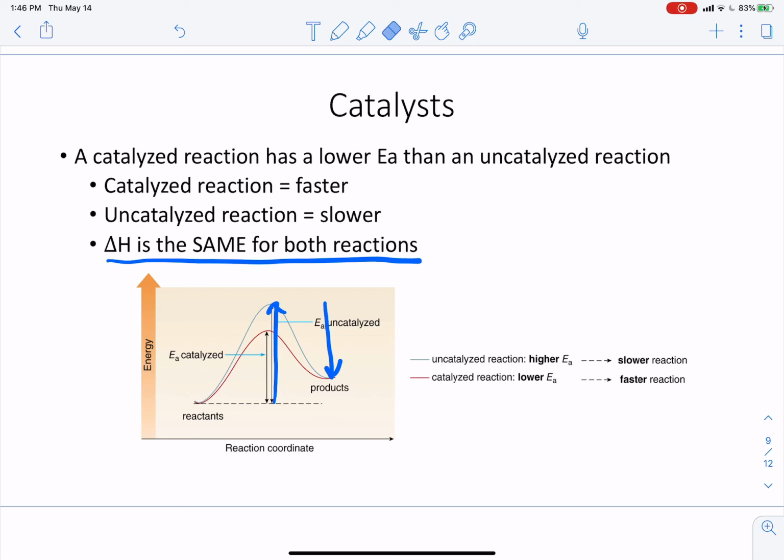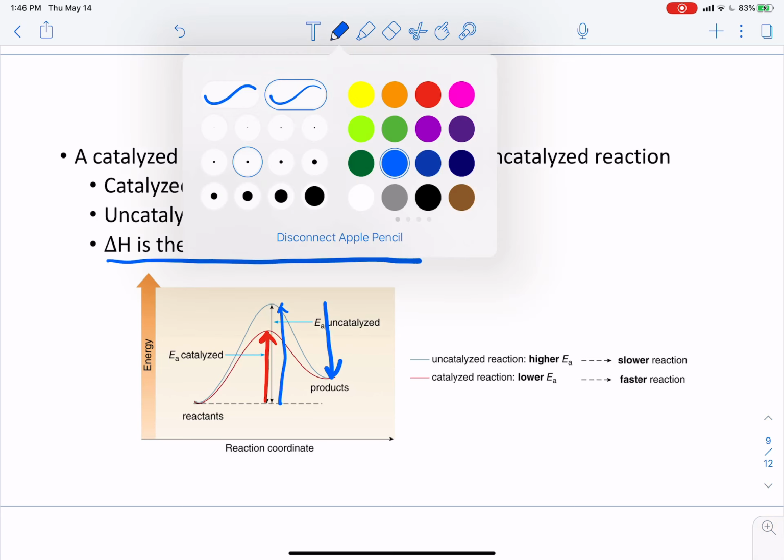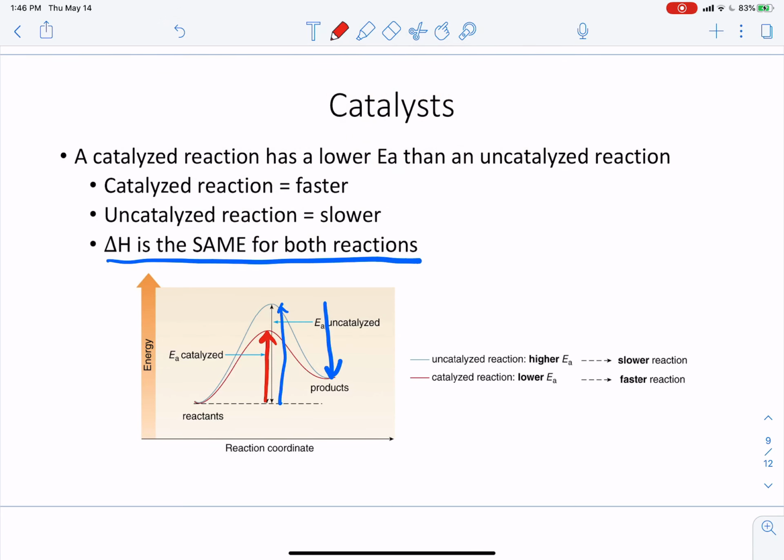And in the catalyzed reaction, you have an input of energy, the energy of activation, but you don't have as much of an input of energy as with the uncatalyzed reaction. And you do get a release of energy, but you have a release of less energy to get to your products from your catalyzed transition state.